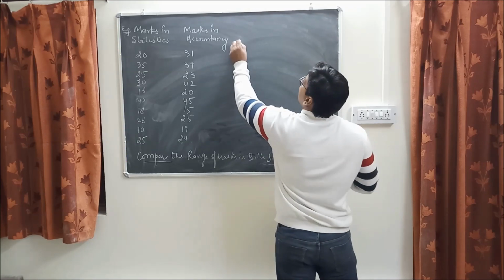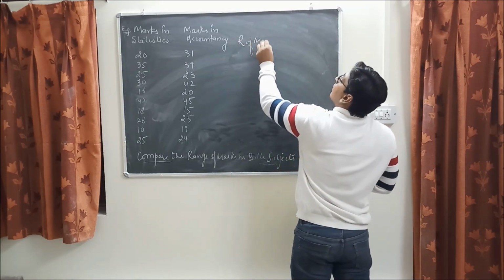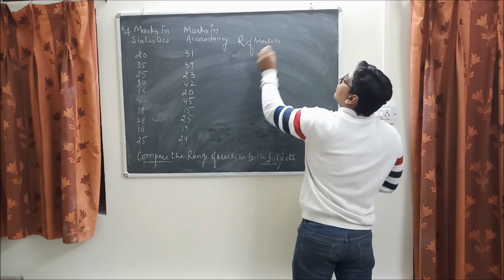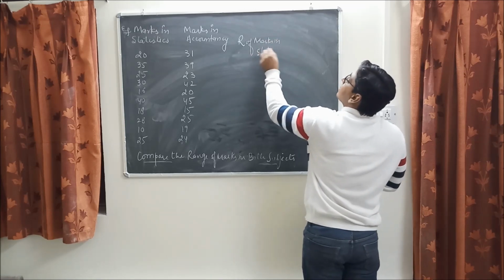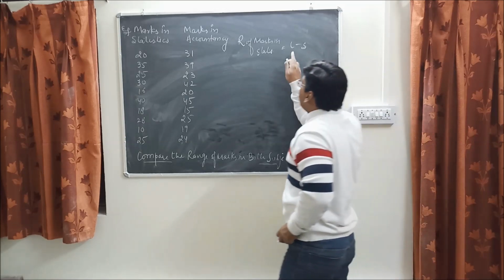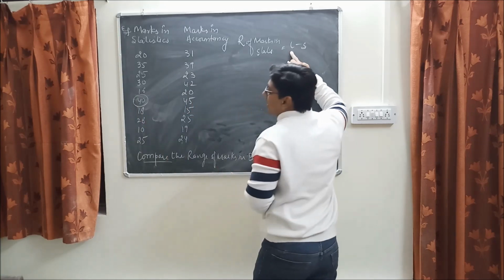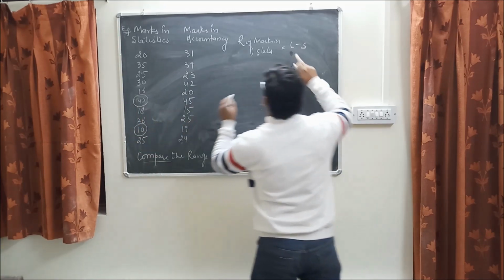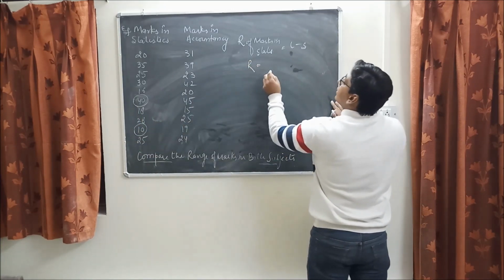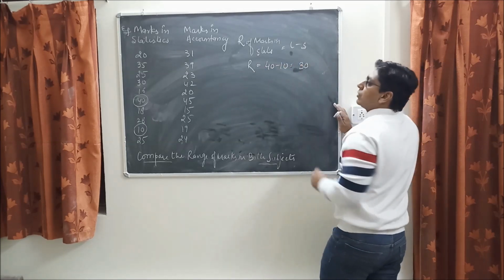First of all we calculate range of marks in statistics, L minus S. The largest value is 40 and the smallest value is 10. So range is 40 minus 10 equals 30.